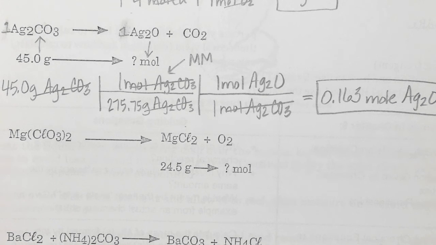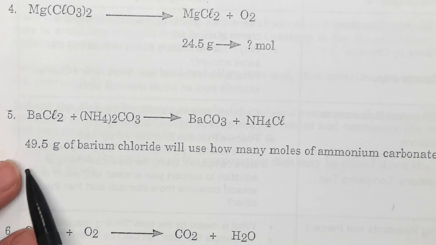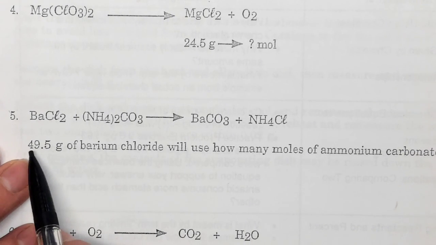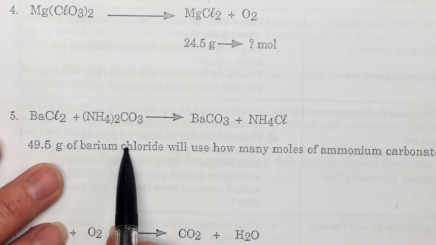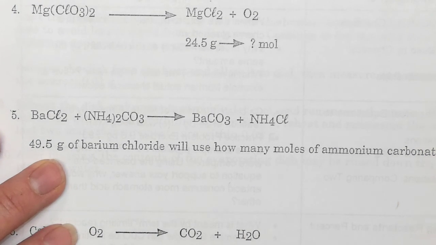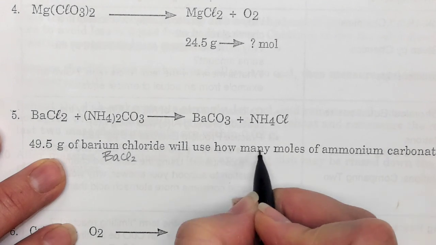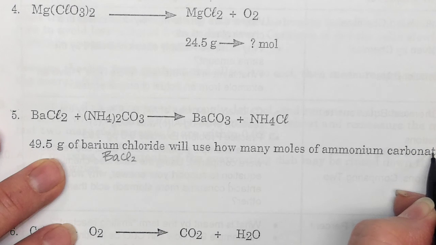All right. Do you feel confident continuing on your own? Like, how would you do number 5 and 6? So for number 5 and number 6, the only difference is now I've given you a sentence with the information. So if we read this, I have 49.5 grams of barium chloride. What's the formula for barium chloride? BaCl2. Good. We'll use how many moles of ammonium carbonate?